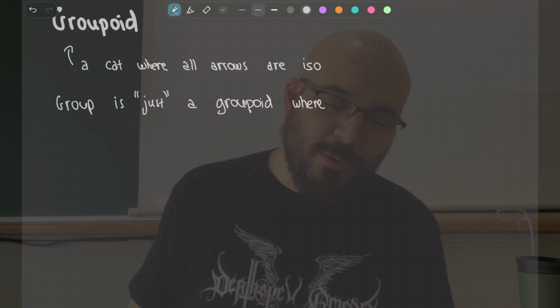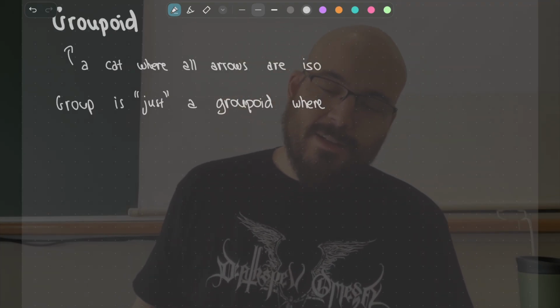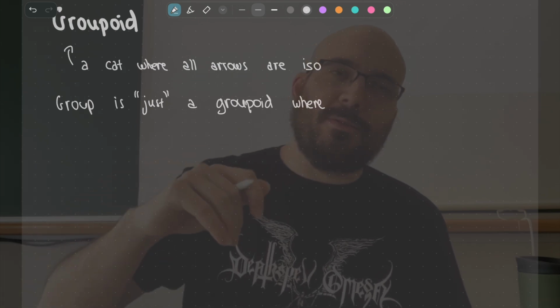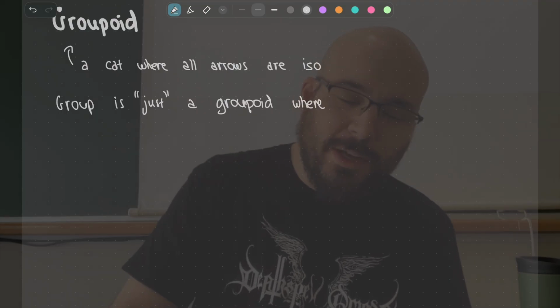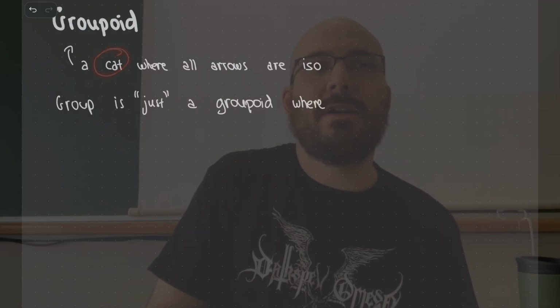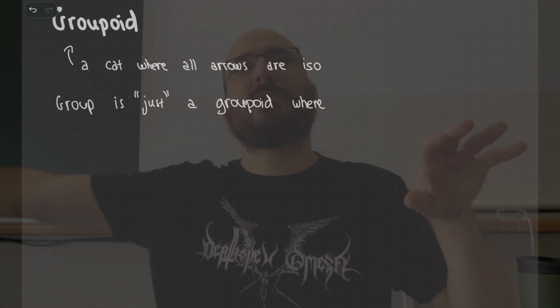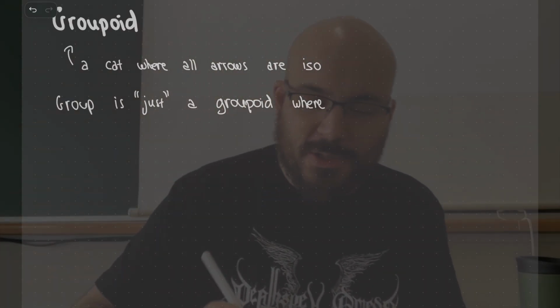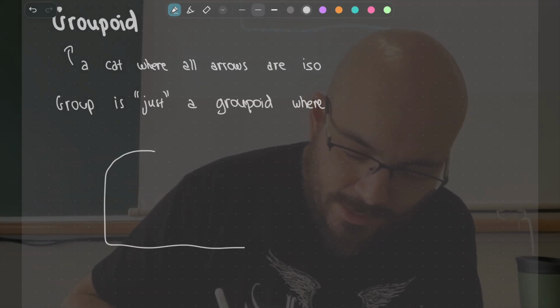No, I think I know why you are saying this. It doesn't really make sense to talk about functors inside the groupoid, because a groupoid is a category, right? So inside the category, I don't have functors. Functors are what will get me from a category to a different category.